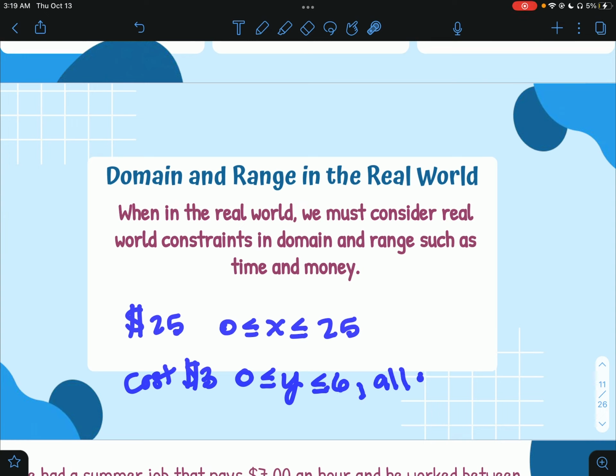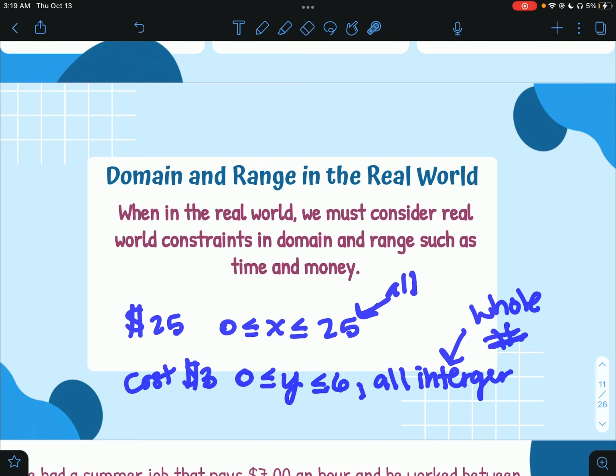It's all integers. Remember, an integer is a whole number. The reason it's all integers is because you can spend part of a dollar. So this would be all numbers between 0 and 25. But you can't buy part of an item.